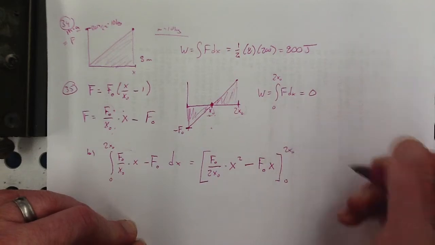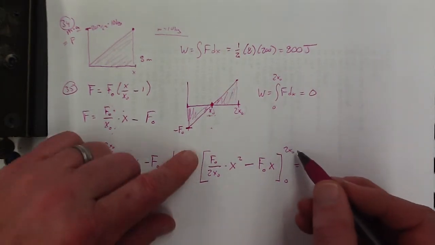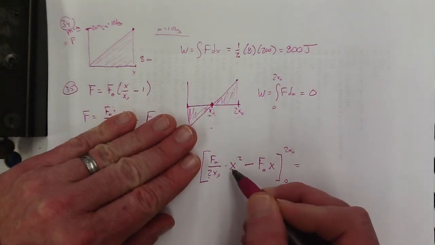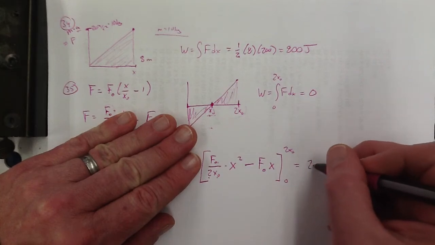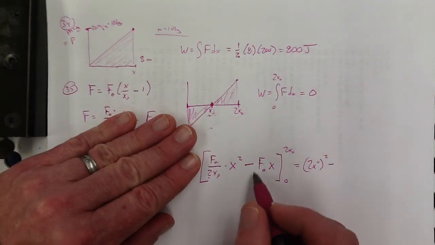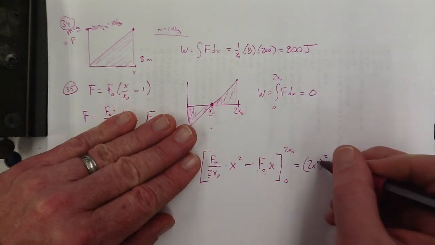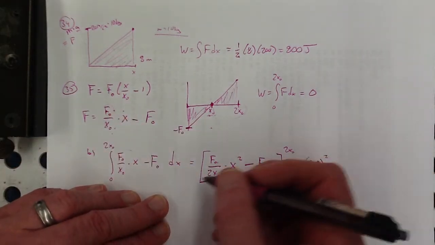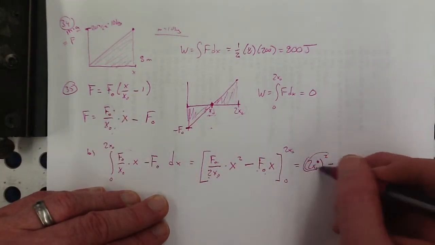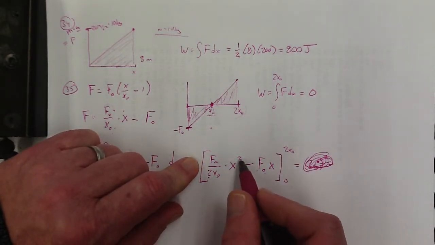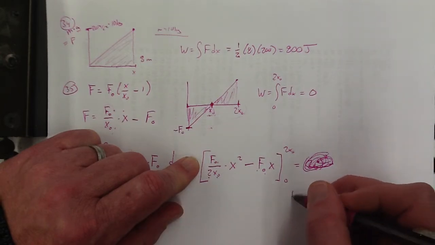And then I plug this in. Oh sorry, I think I messed that up, didn't I? So I should be plugging in this 2x sub 0 squared, one of them cancels out, and I get F sub 0.